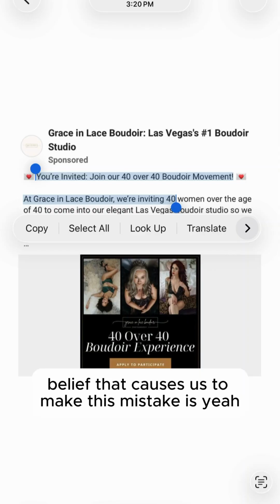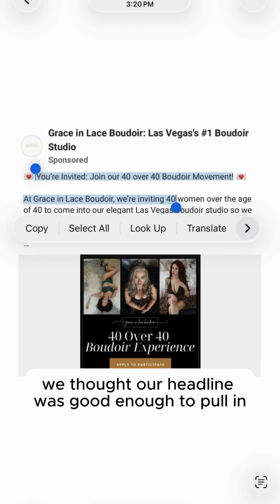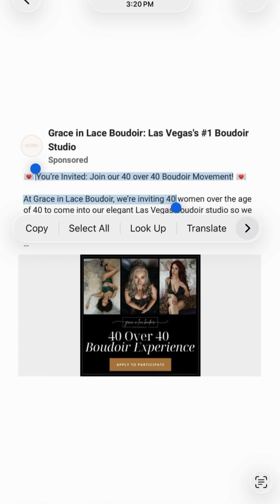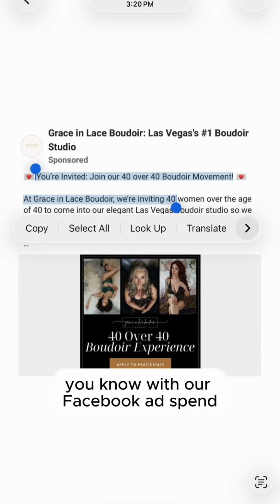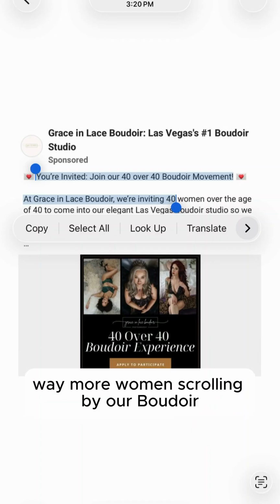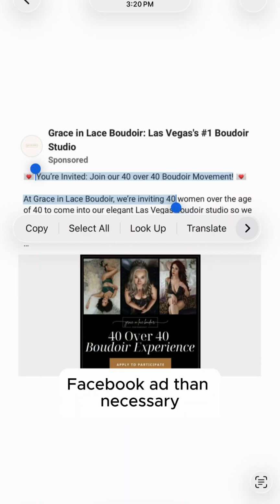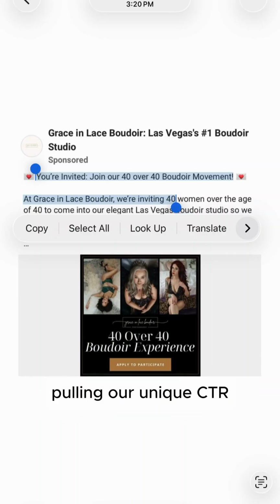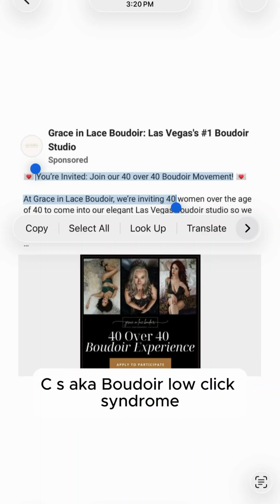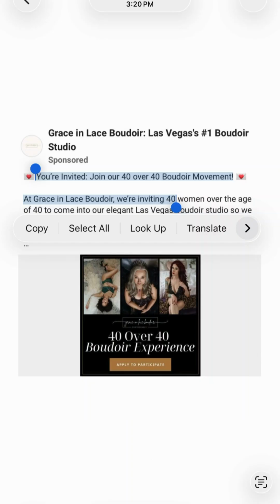So the false belief that caused us to make this mistake is we thought our headline was good enough to pull in a large, efficient number of the correct women with our Facebook ad spend. But now the way this is being done, we're going to have way, way, way more women scrolling by our Boudoir Facebook ad than necessary, pulling our unique CTRL under 6% and contributing to BLCS, aka Boudoir low click syndrome.